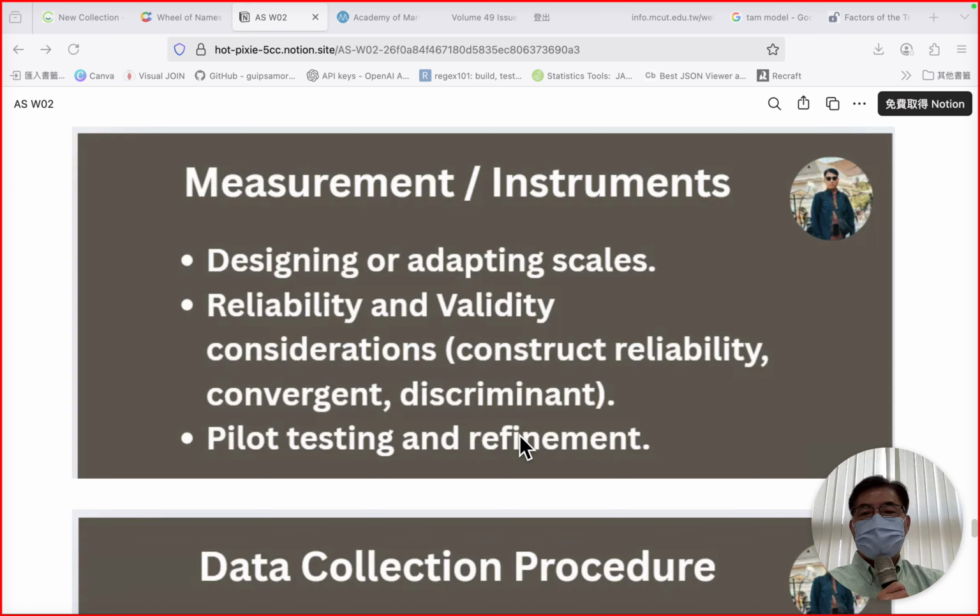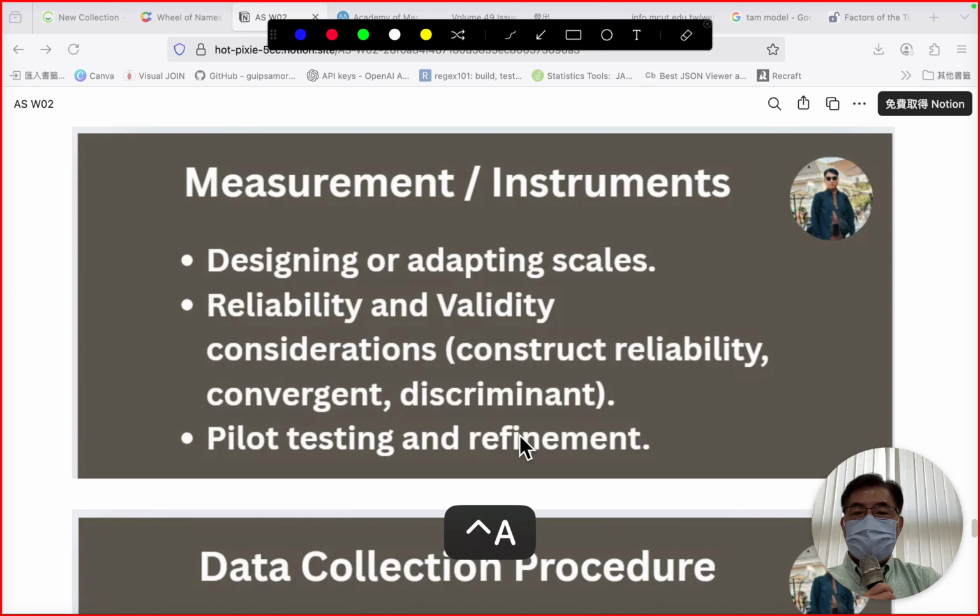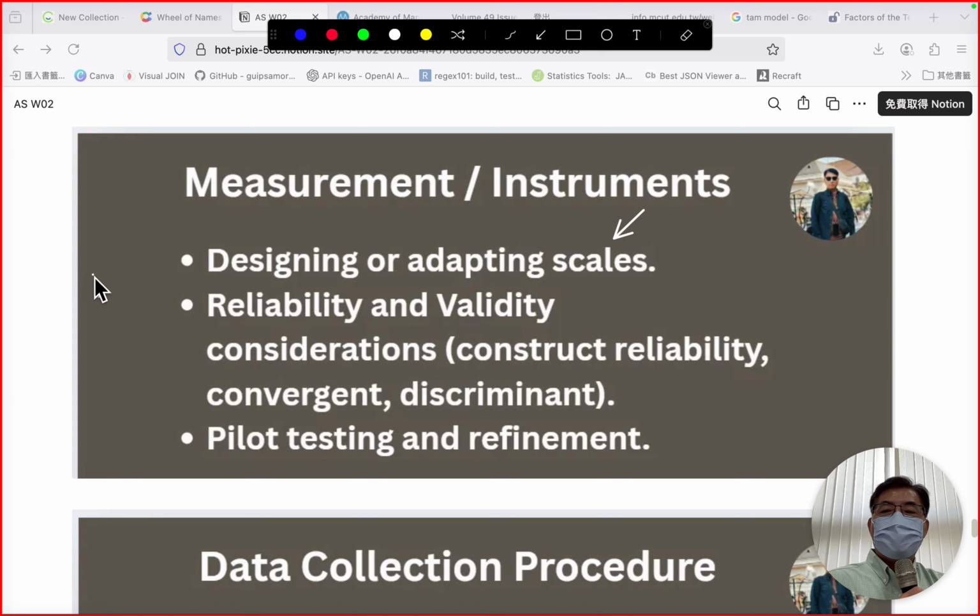Because the article offers the scales, I think they already passed the reliability and validity tests. But when you adopt that scale in your research, you have to do the same tests. You have to analyze the reliability and validity for your own research, for your conference research project.